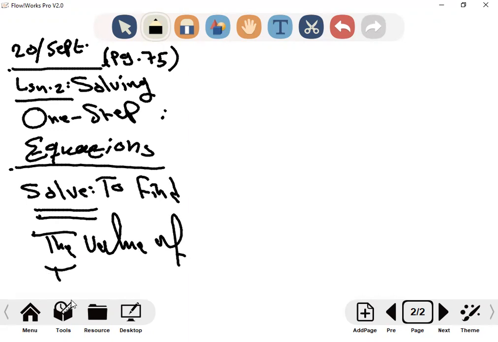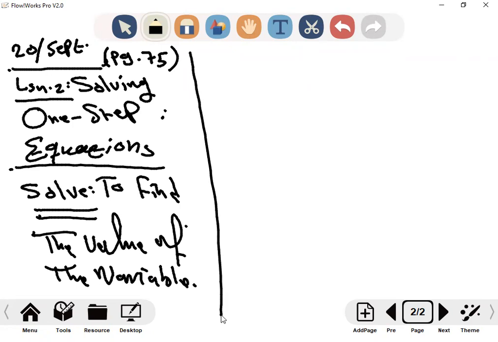Of the variable, whatever it is, x, y, t, whatever. When you see the word solve, the action verb, it means you need to find the value of x. How? By depending on our ideas of solving.